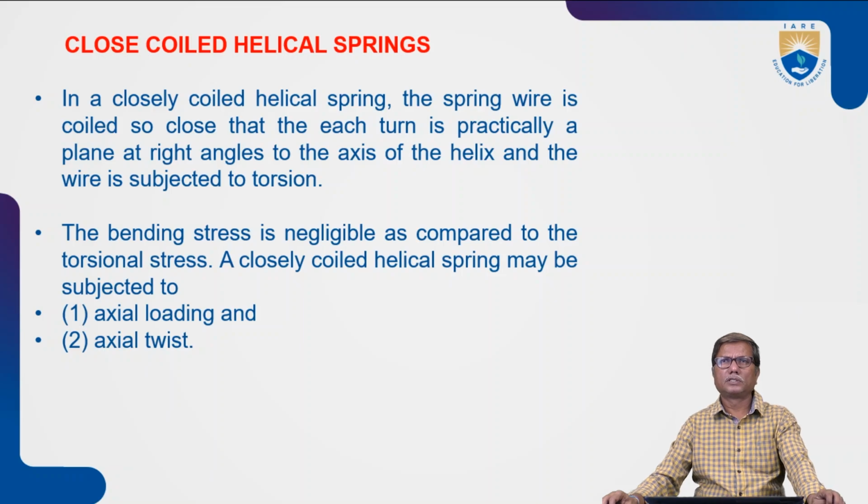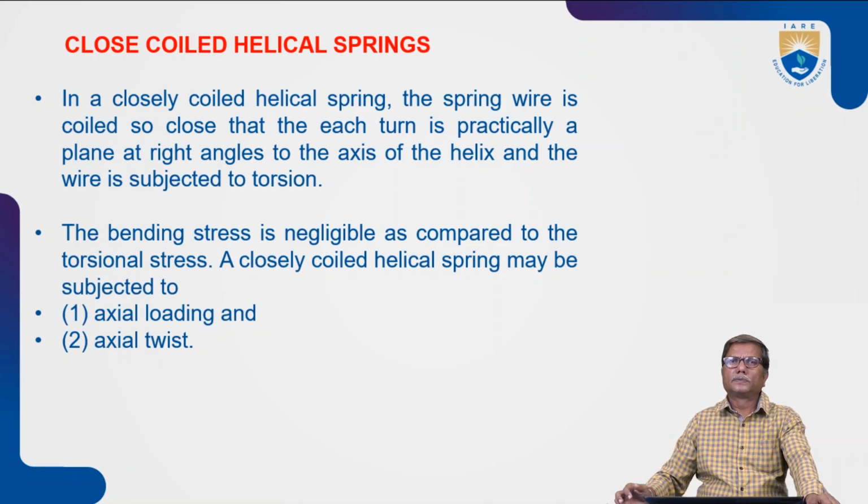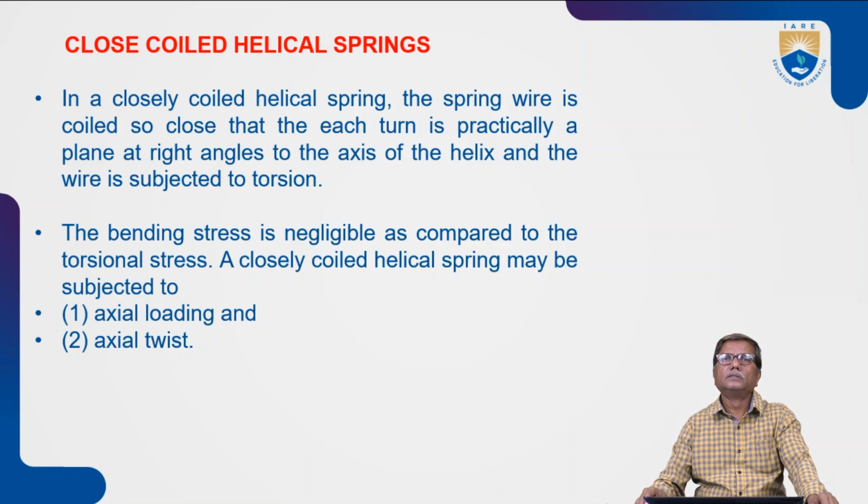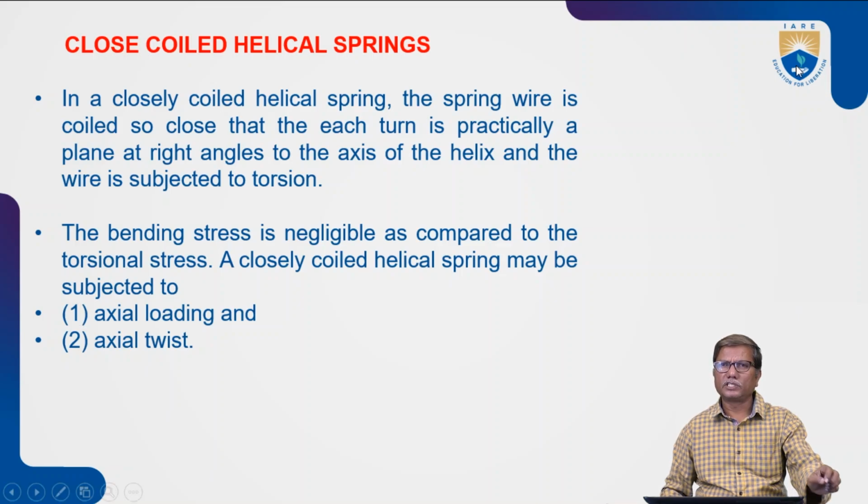The closed coil helical springs are those in which the helix angle is very small, and the coils are spaced very closely. And we will see the cases of springs subjected to axial load and axial twist.